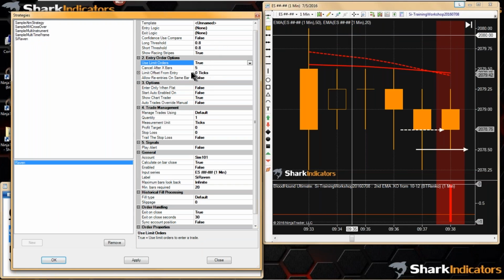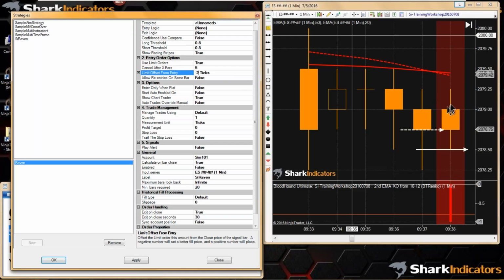All right, let's get back in here. Okay, so this limit offset. Basically, a negative value means that price has to pull back to fill that limit order, regardless of it being a long trade or a short trade. If it's a long trade, your limit order is going to be down a couple of ticks.